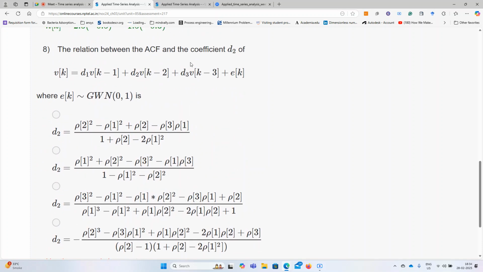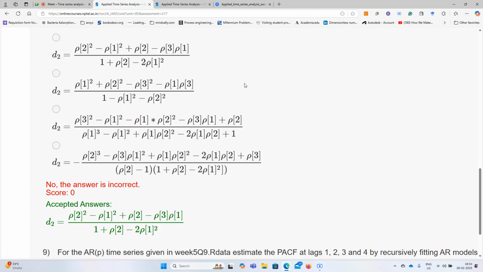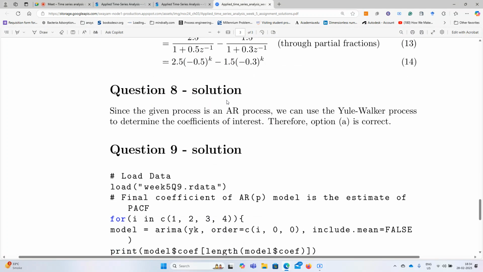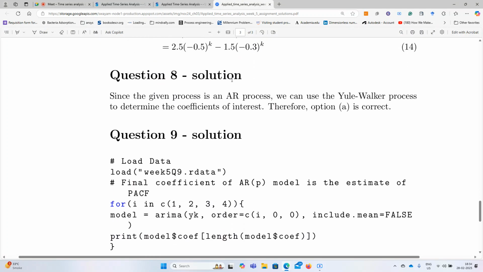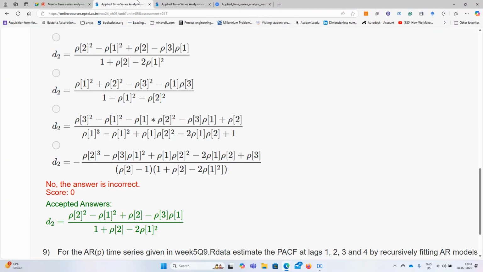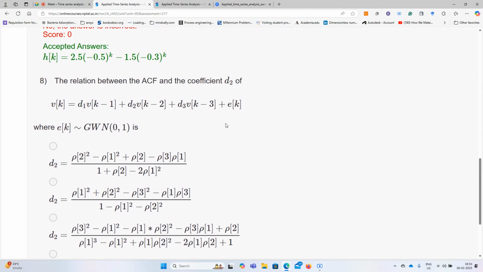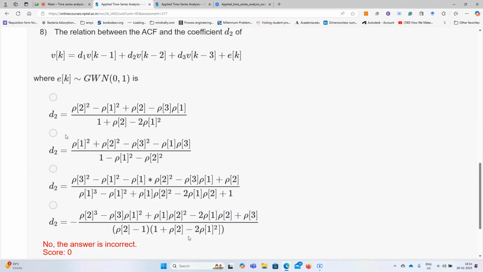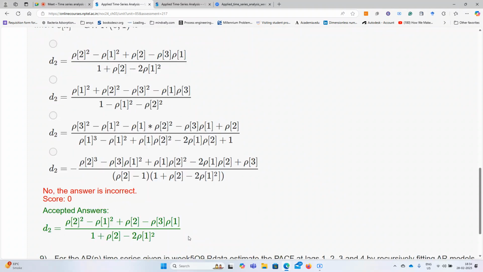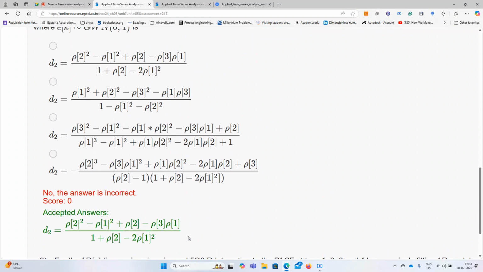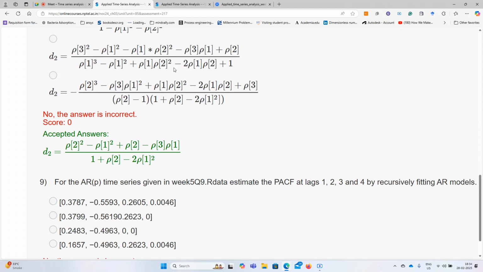For this you just have to use that Yule-Walker equation similar to what you have done in the previous question. Sir says that you just have to form a matrix, and we can find out the answer. So D2 is the first option.